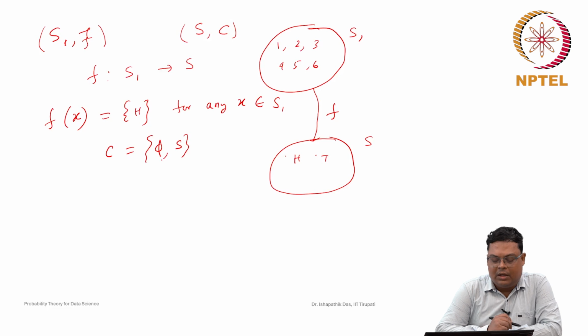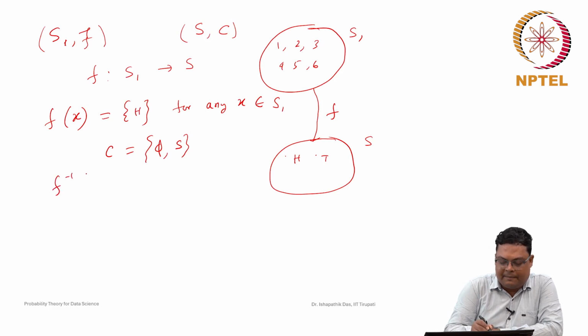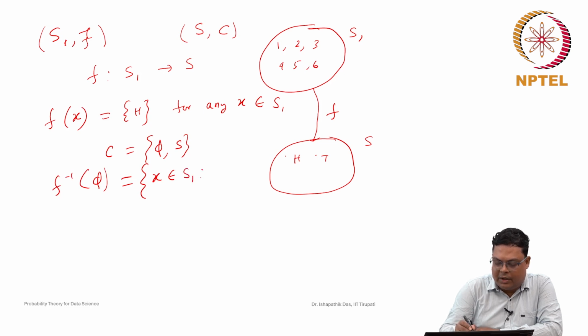Then I just want to find what is f inverse of phi. F inverse of phi is defined by all x belonging to the space, this set S1, such that f of x belongs to phi.